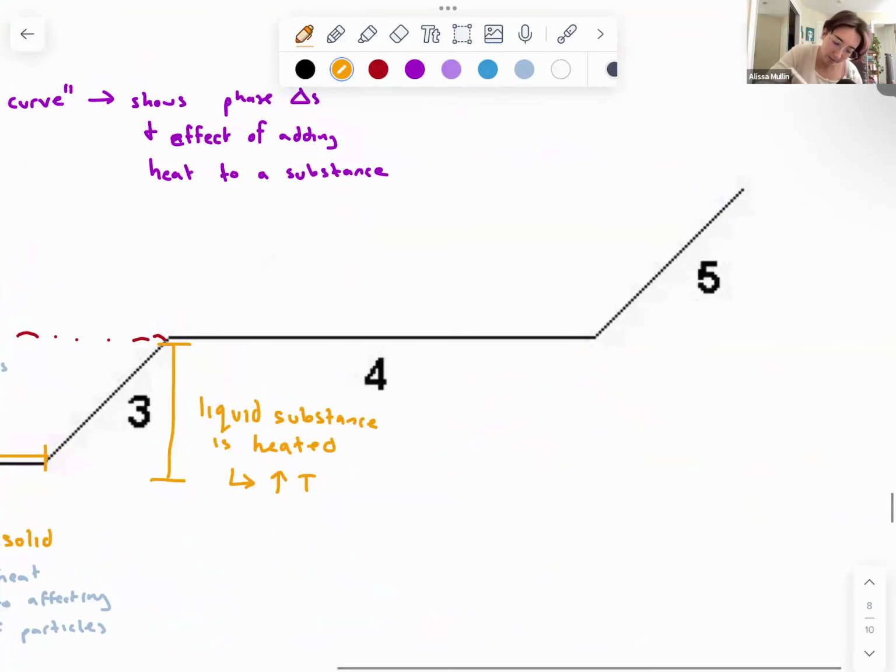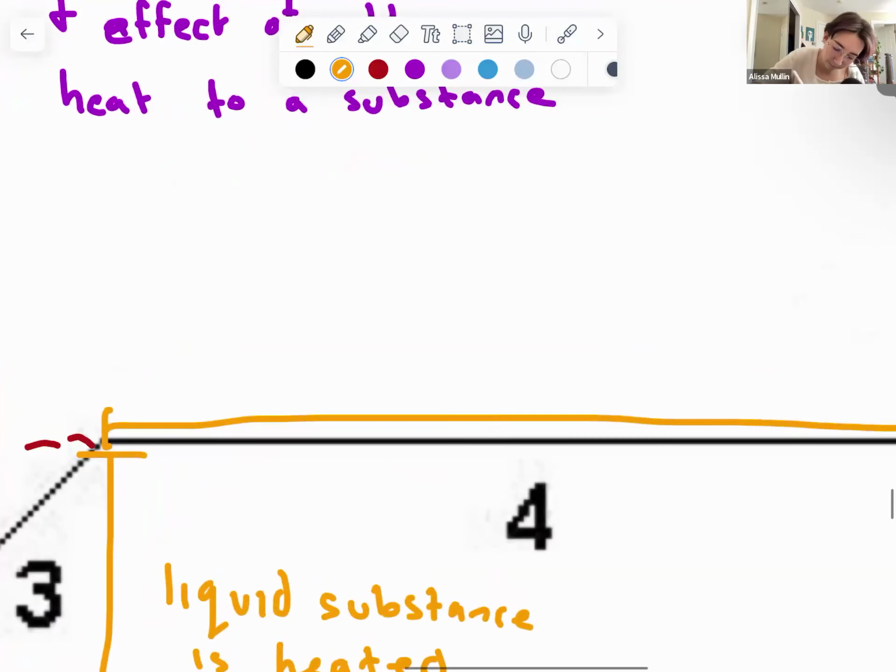So at this point, we're adding heat, we're adding heat, but that heat is being used to vaporize, to evaporate our substance.